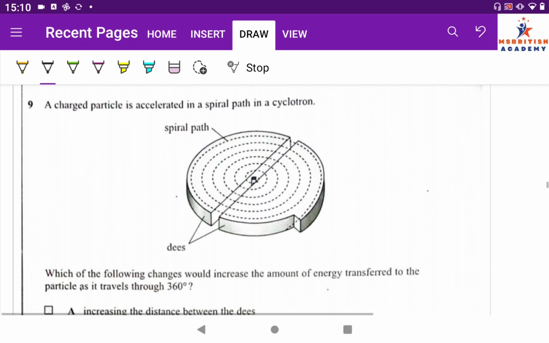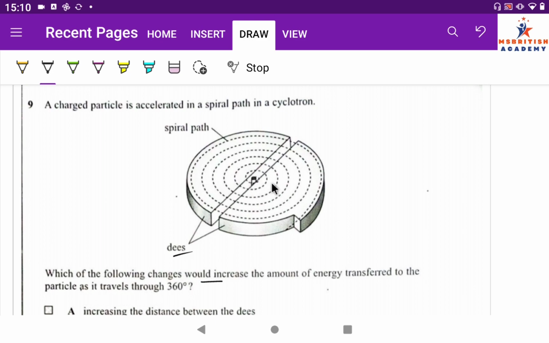Now question 9. A charged particle is accelerated in a spiral path in a cyclotron. This is the spiral path. Which of the following changes would increase the amount of energy transferred to the particle as it travels through 360 degrees?